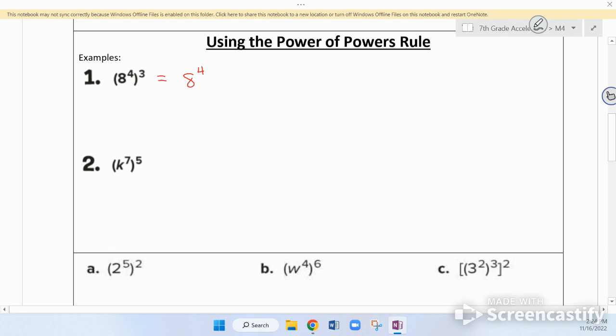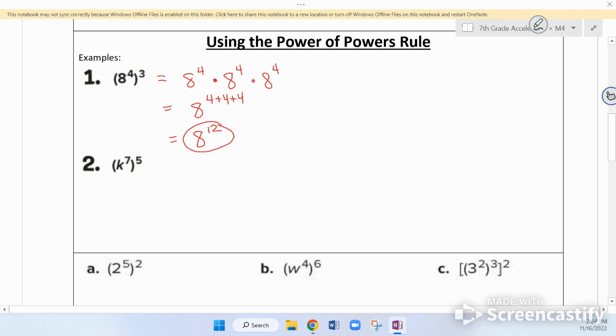I know I'm not there to check on you, but I trust you guys. Right, 3 8 to the 4ths. So that would mean we have 4 plus 4 plus 4, or in other words, 3 times 4, which is 8 to the 12th. So that is our simplified version of it.